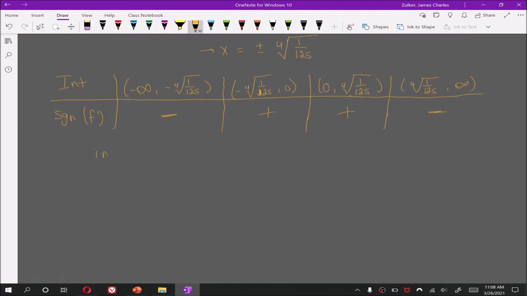So we are increasing over negative 4th root of 1 over 125 to 0, unioned with 0 to the 4th root of 1 over 125.